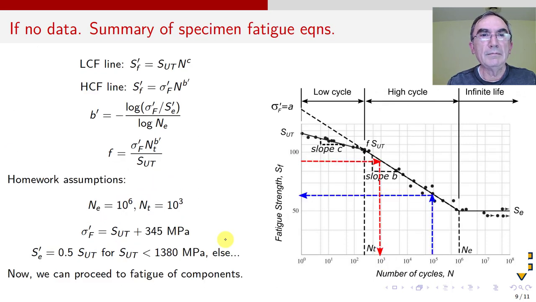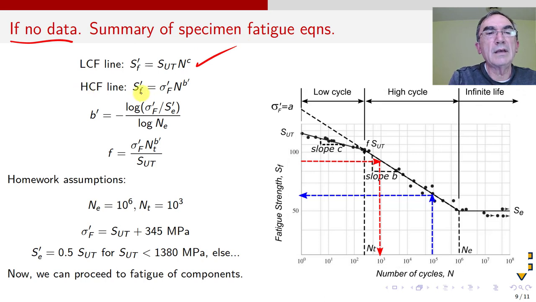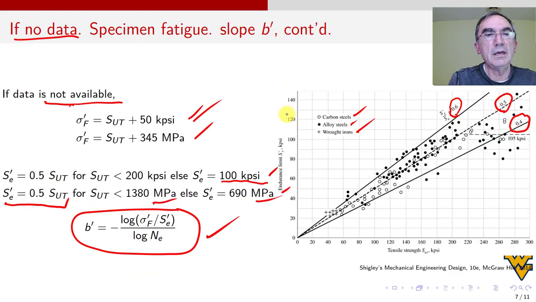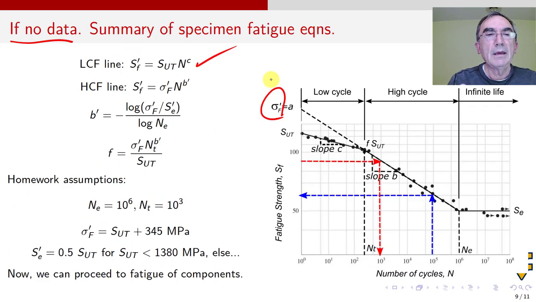Okay, now let's do a summary. Again, we have no data. Equation for low cycle fatigue: S_f prime, S_UT, N to the c prime, where prime is the same. High cycle fatigue: S_f is the intercept, which we can calculate or estimate with this equation right here.